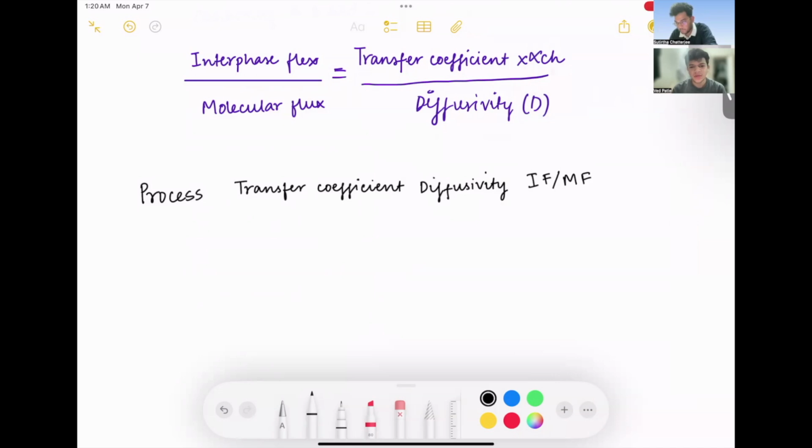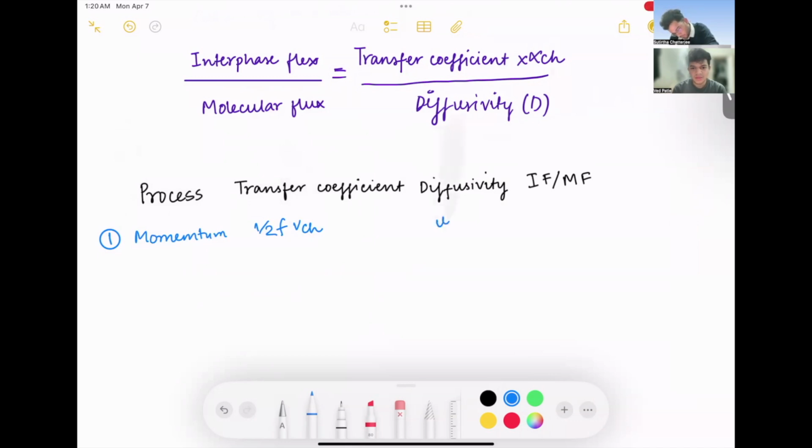So the first process is momentum transfer process. Transfer coefficient in momentum transfer can be written as half F into VCH.